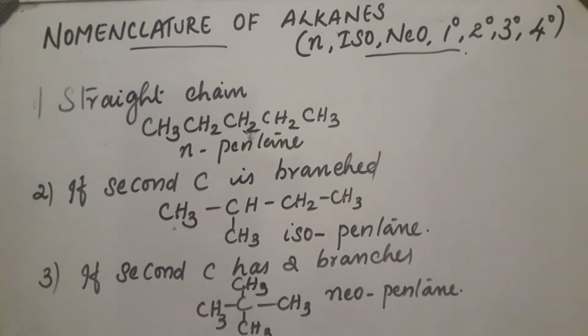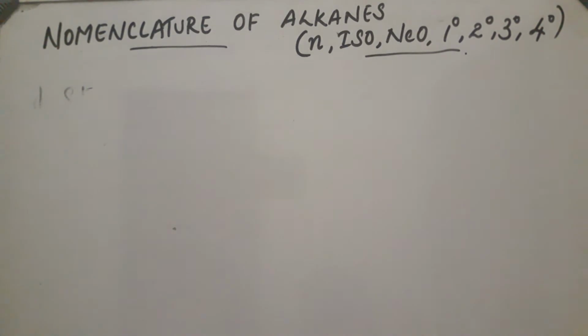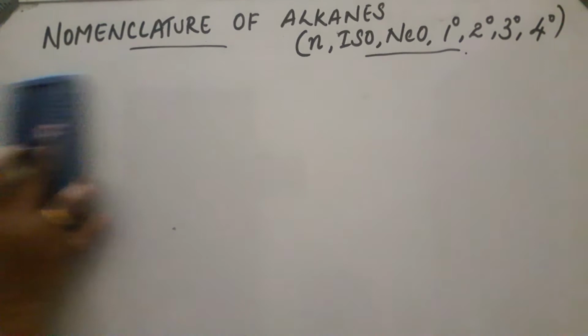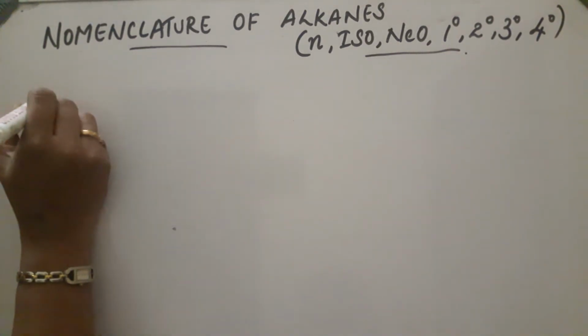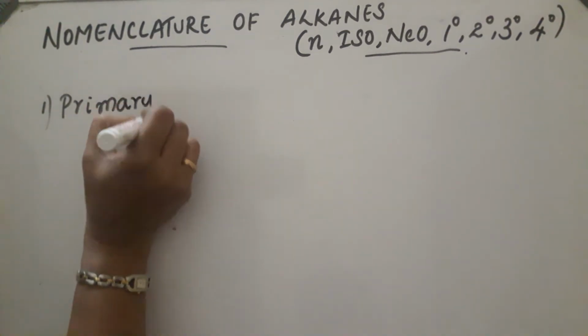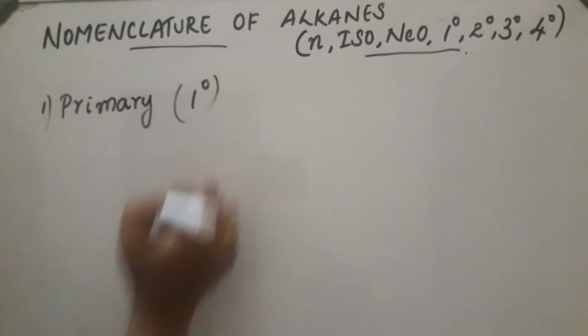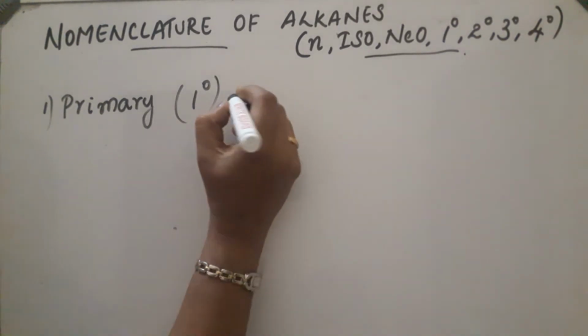Now, let us take another example. According to the different types of carbon atoms in alkanes, we name accordingly. First one, primary, denoted like this. Primary carbon atoms are those in which the carbon atom is bonded to one or no other carbon atom.